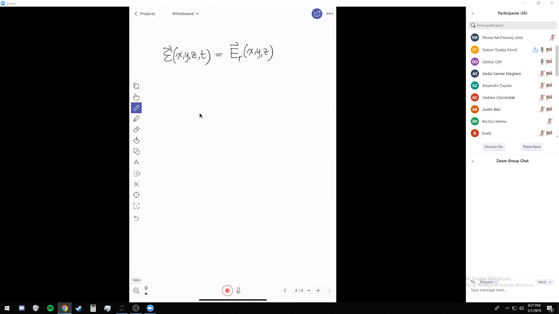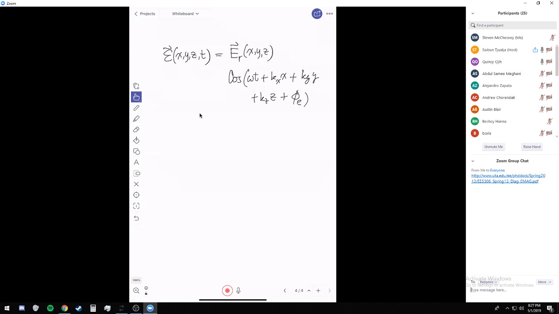And it is multiplied with some cosine of some kind of time variation, omega t, plus k_x x plus k_y y plus k_z z. Maybe I should make it even more general. I may have some kind of phase shift, plus phi_e.